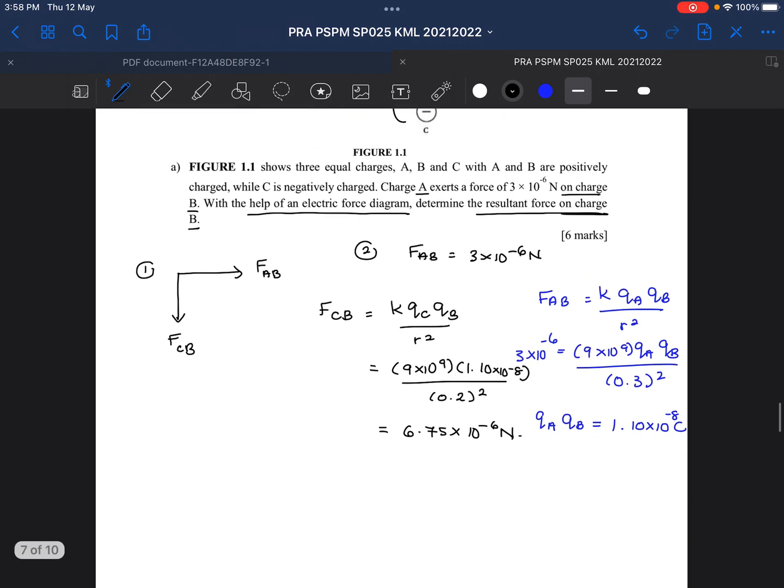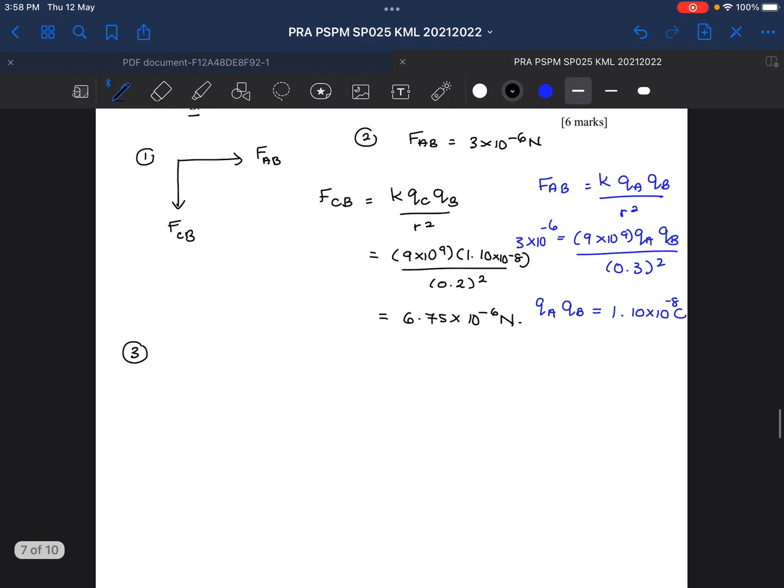Okay. Right. And then the step 3 is to put it in the box. So box.